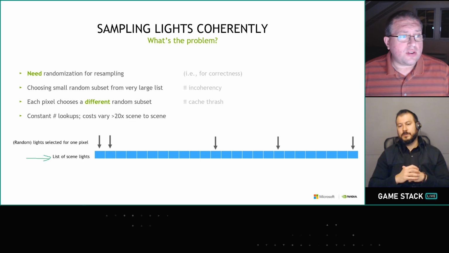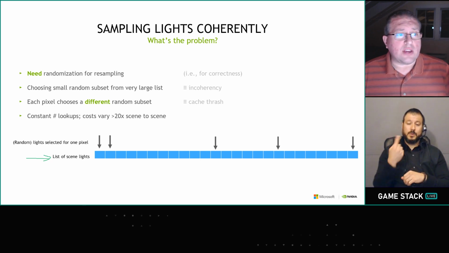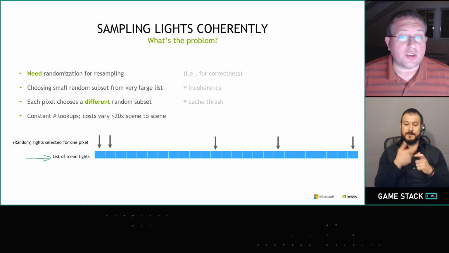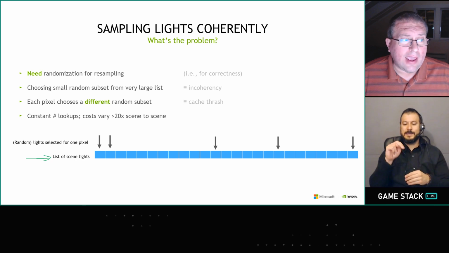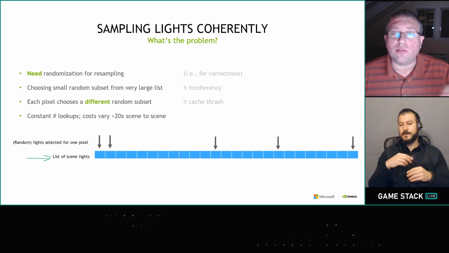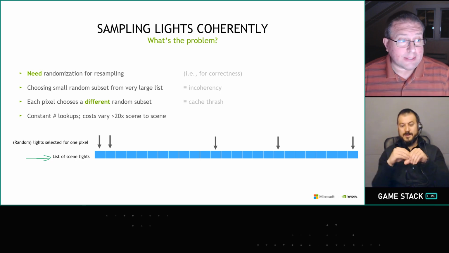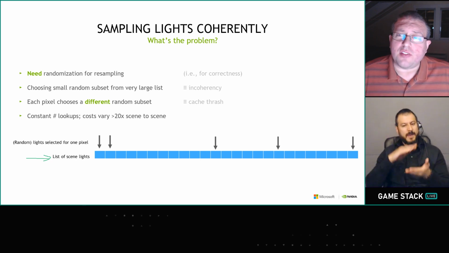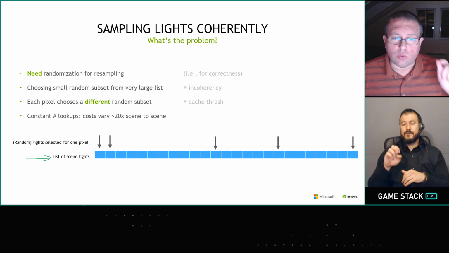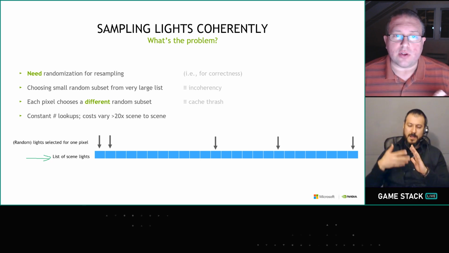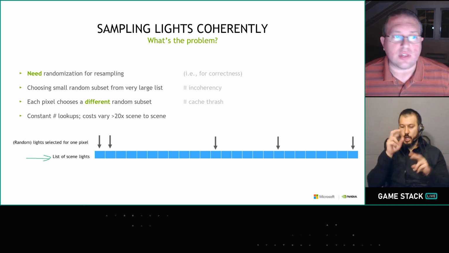Now, because we're only picking a small number of lights from a very large list, this gives us incoherency. And because each pixel chooses a different random subset, we can thrash our cache fairly badly. It's interesting that the ReSTIR algorithm actually requires a constant number of memory lookups. It's very efficient computationally.